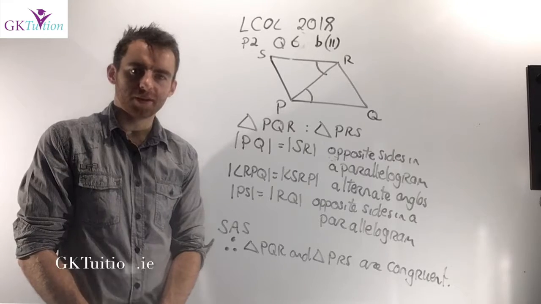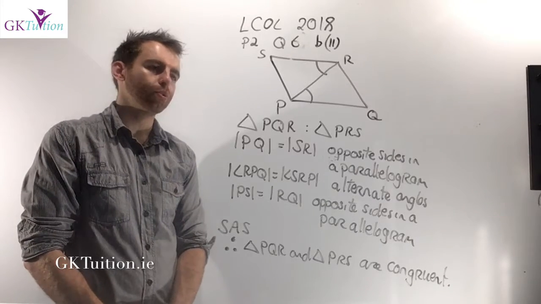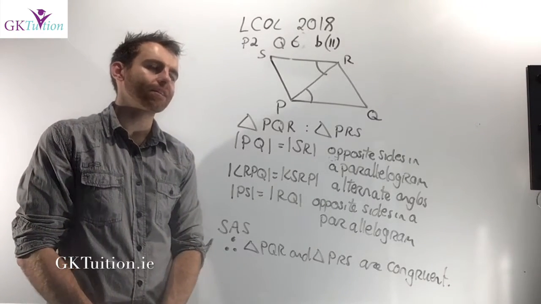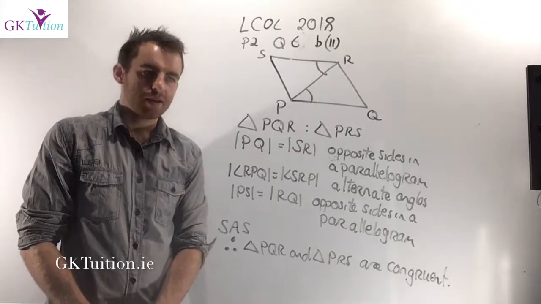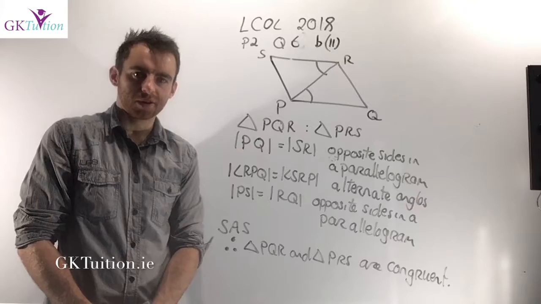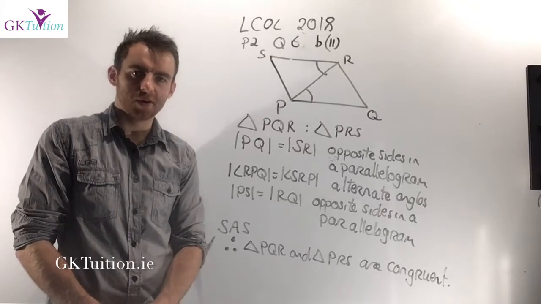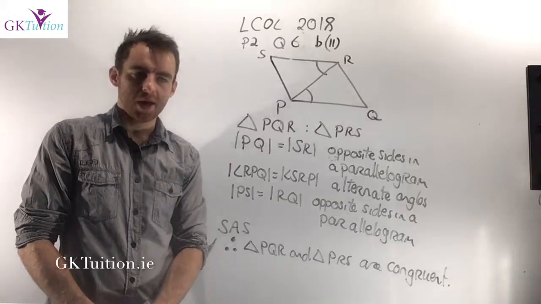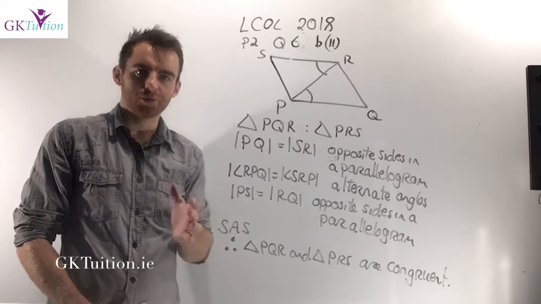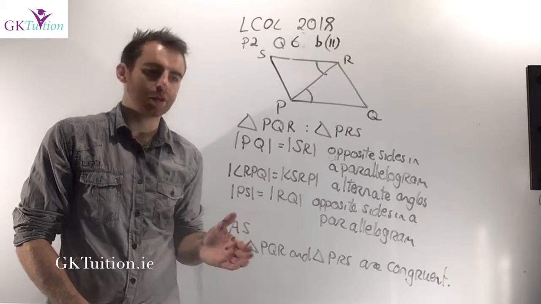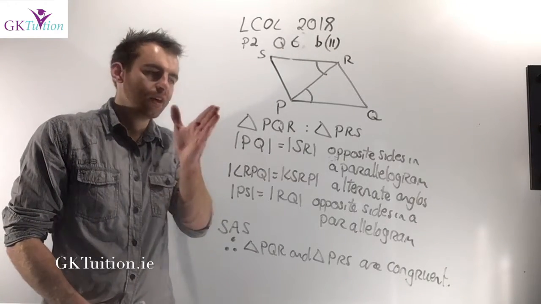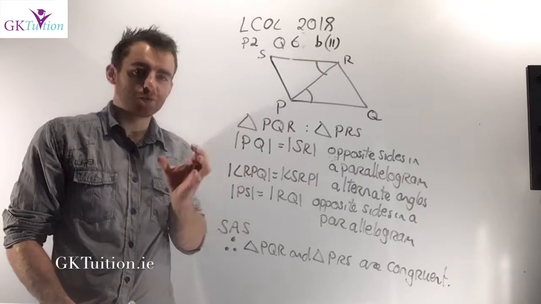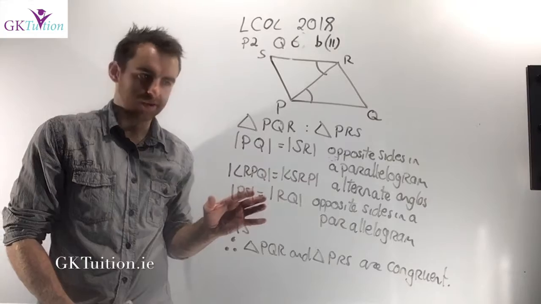Okay, in the final part of this question, we're asked to prove that the triangle PRS and the triangle PRQ are congruent. Now remember, congruent triangles are triangles where all the sides and all the angles are the exact same. And there's a number of different ways to prove that two triangles are congruent. So the way that I'm doing it is not necessarily the way that you will have done it, but just be aware there are a number of different ways of doing it.